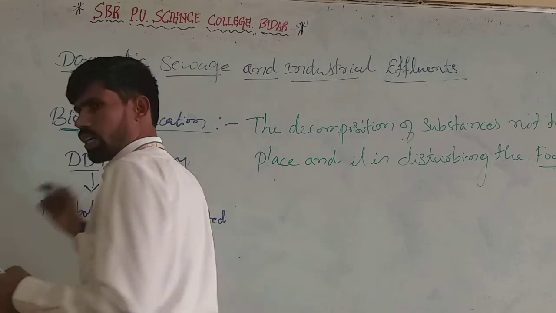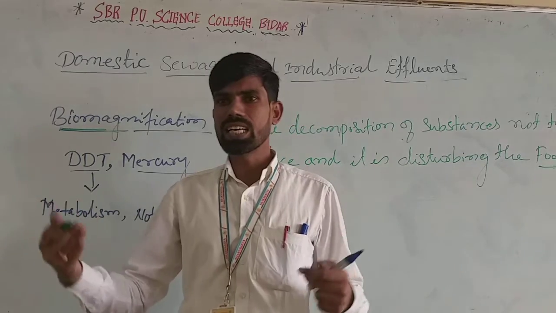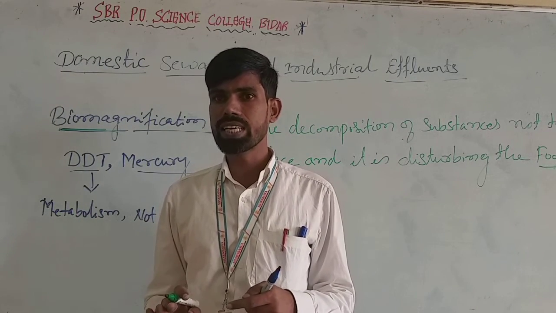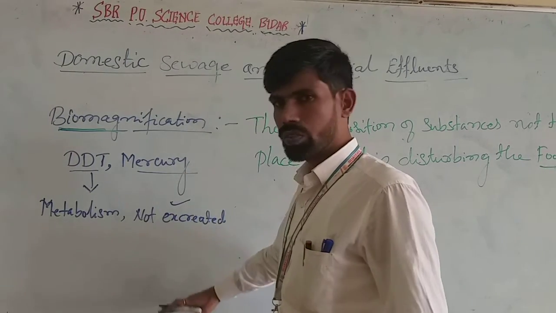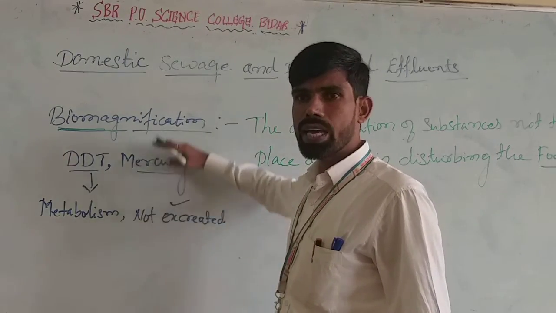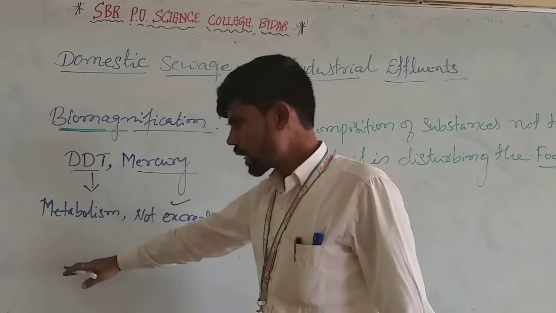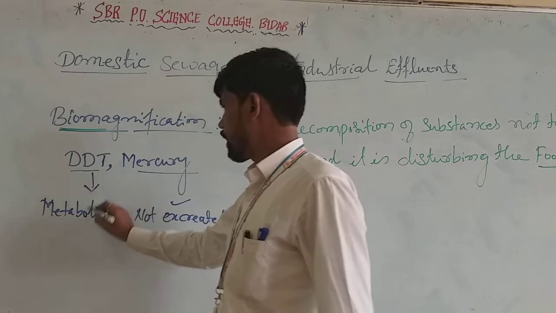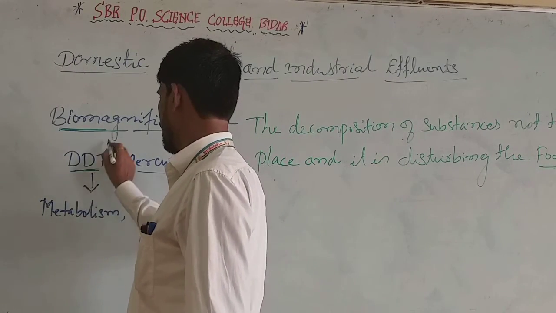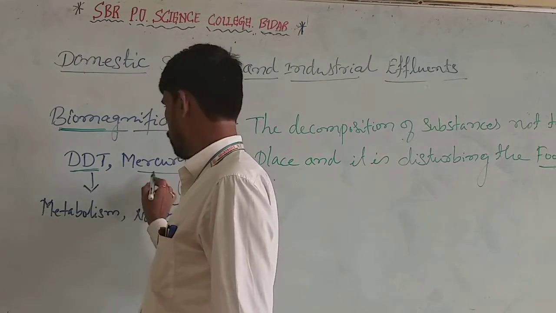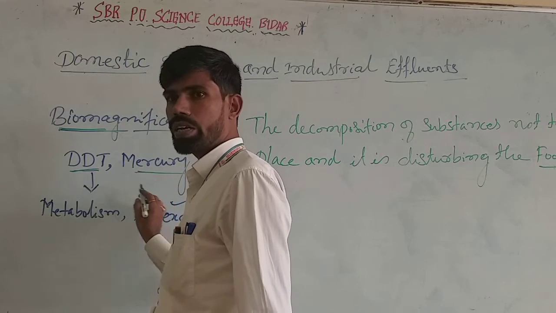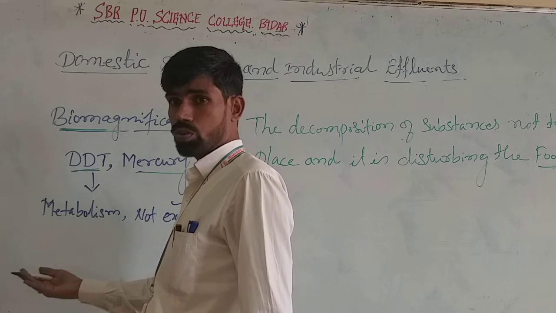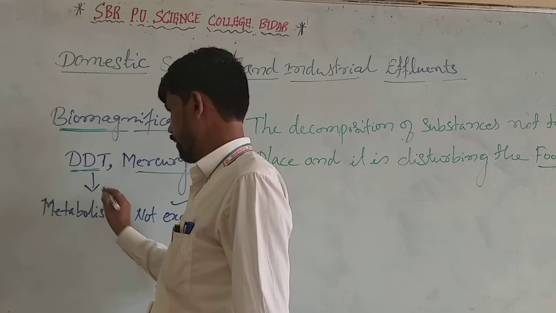Their amount is increasing, not decreasing. Their concentration increases from lower trophic level to higher trophic level, as you study in the aquatic system. These chemicals and substances will not decompose, they enter the trophic system of the food chain, and they will not degrade.